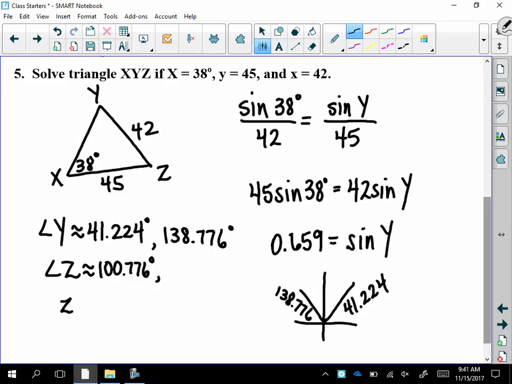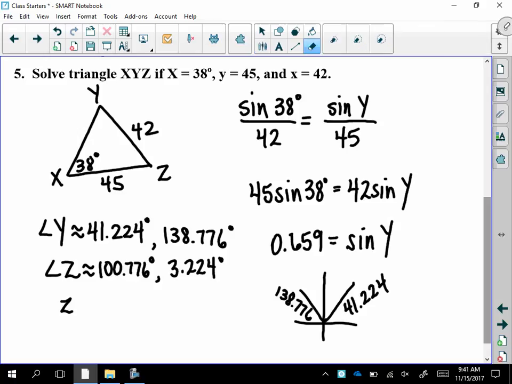But if angle Y is 138.776, you're going to add that to 38, subtract it from 180, and what's left? 3.224. Okay. So you see, angle Z could either be an obtuse angle or it could be a really small acute angle. The triangles are going to be different, but they're still going to meet the initial criteria that are given.